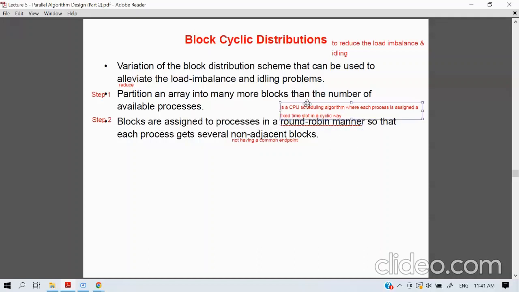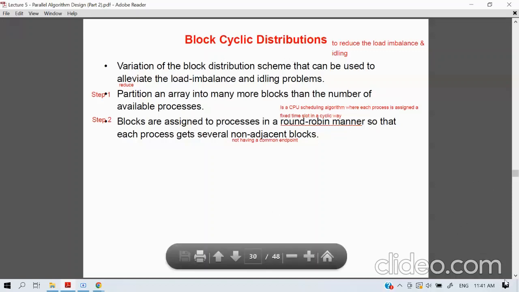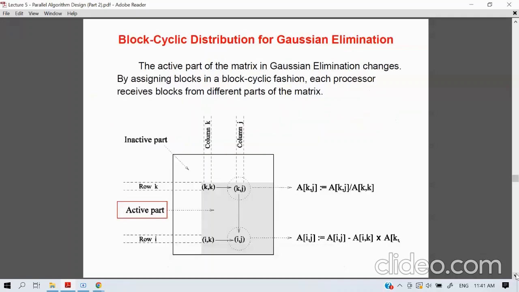So what does round robin mean? It is a scheduling algorithm so that each process gets several non-adjacent blocks. It is to make it balanced. So it implements a round robin manner. That one is block cyclic distribution. For what? To reduce the load imbalance and idling. So far so good, guys?